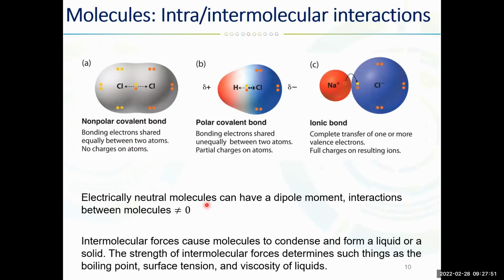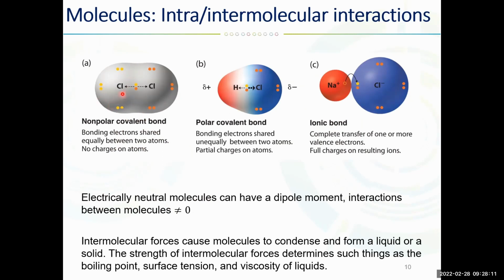Now let's talk about dipolar covalent bonds and ionic bonds. Again, just a reminder: electrically neutral molecules can have a dipole moment, and interactions between molecules are not equal to 0.